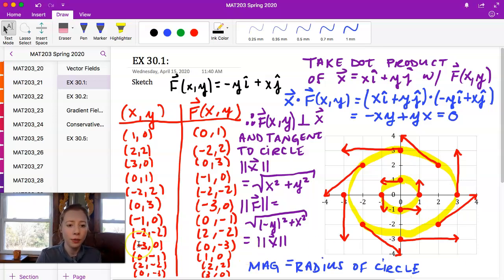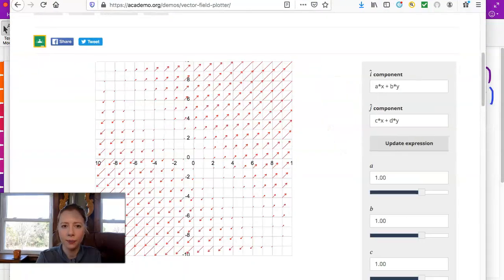Now, what I'm going to do is I want to look at Academo with you. All right, so in Academo, you can plot 2D vector fields. And I have the link for this up on our Moodle site.